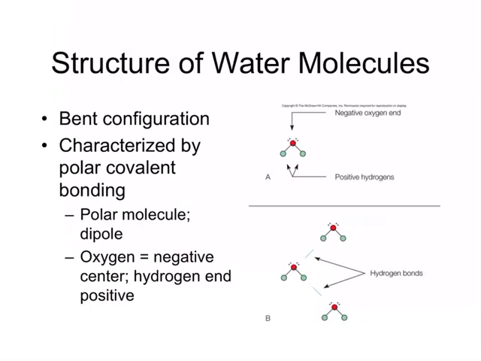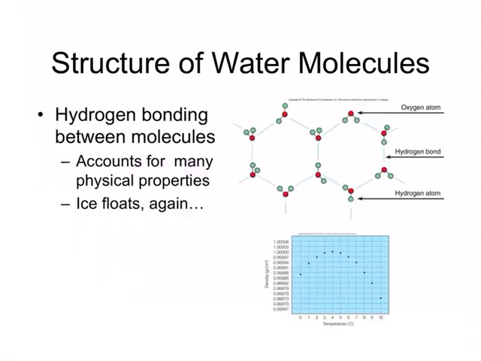And all of this results from water's chemical structure, meaning that this little H2O structure right here causes all of these cool things. It has this bent configuration. It's also polar, which we've talked about before, meaning that the oxygen end is super negative and the hydrogen end is kind of positive.